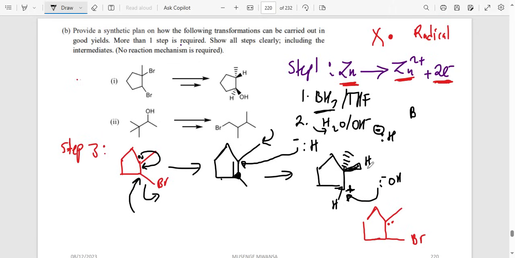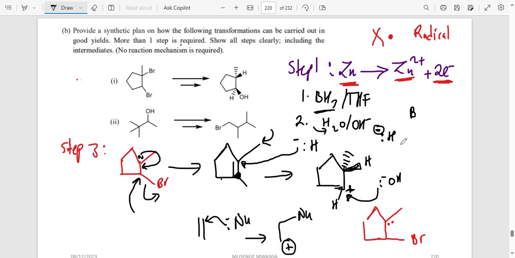So every time a nucleophile attacks a double bond, the double bond always breaks, and then you are going to have the attachment of the nucleophile. At the point where the nucleophile has not attached, there will always be a positive charge. Okay. So that is what is going to happen.